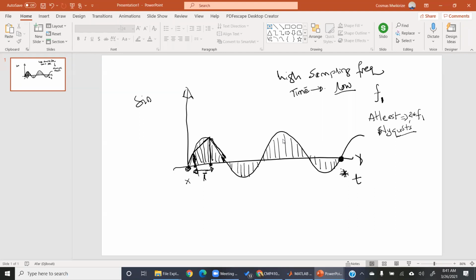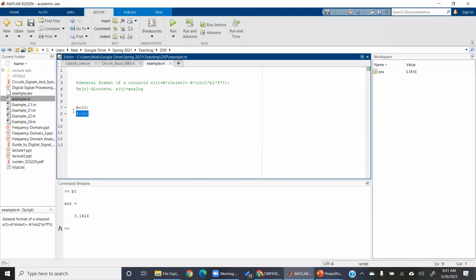Of course, at least never cuts it in real life. At least is the bare minimum. So don't get surprised when I tell you that if right here we have a sinusoid and its frequency we have defined as 10 hertz, we can also vary this and then you see what the transition is going to be.